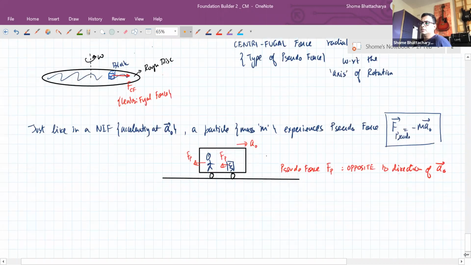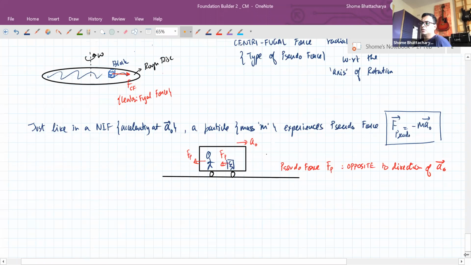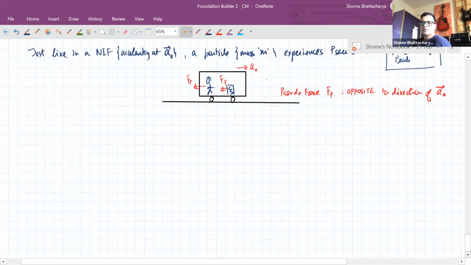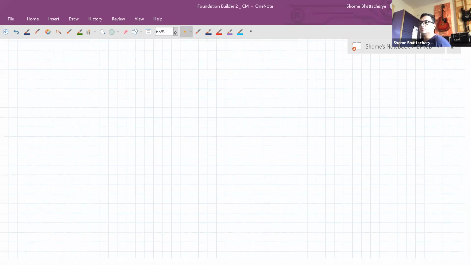Okay, now next thing, once we have got used to the idea of pseudo force, let us understand the expression for centrifugal force.